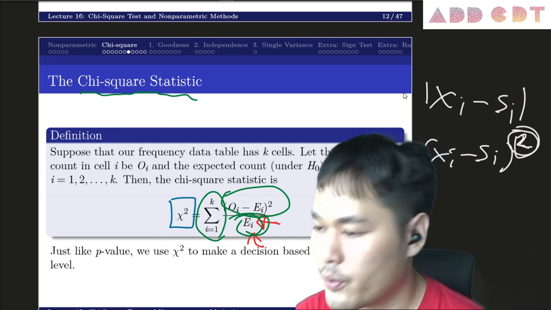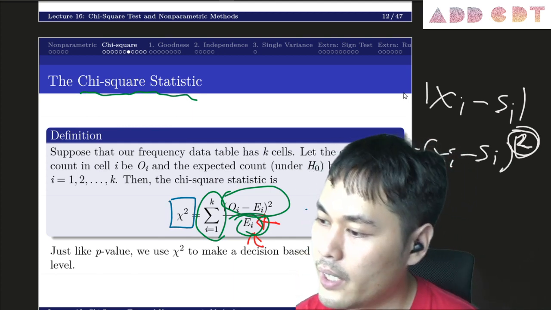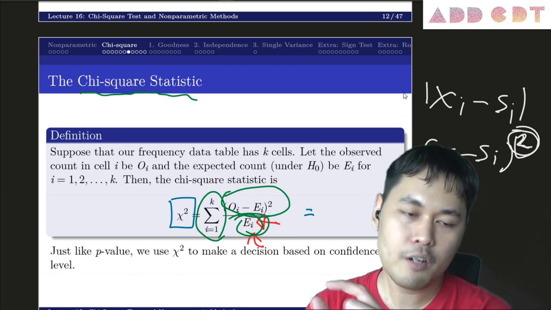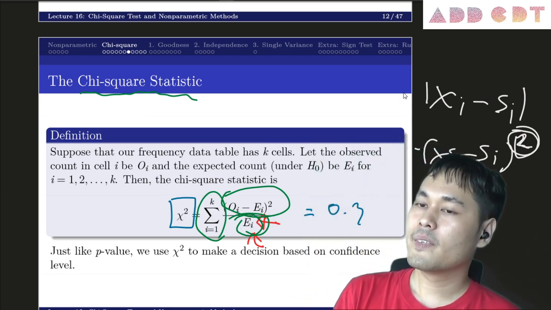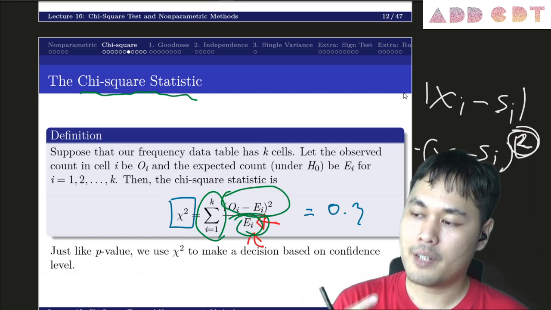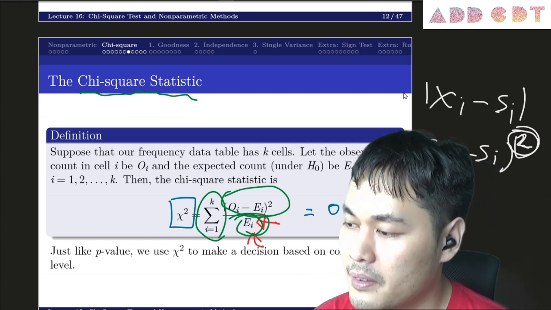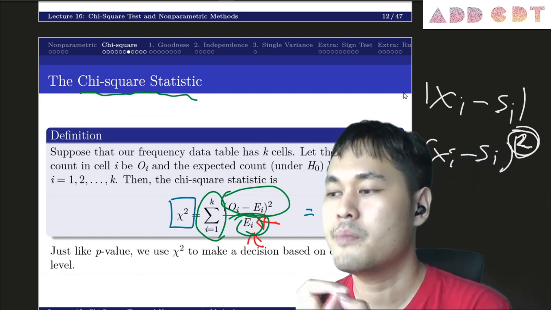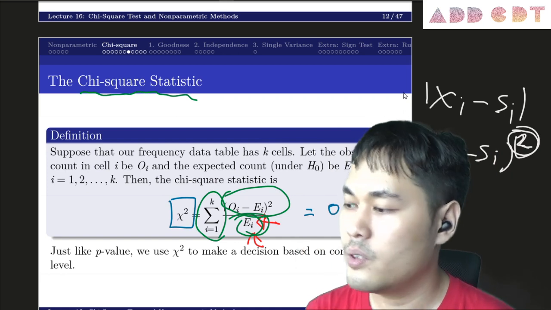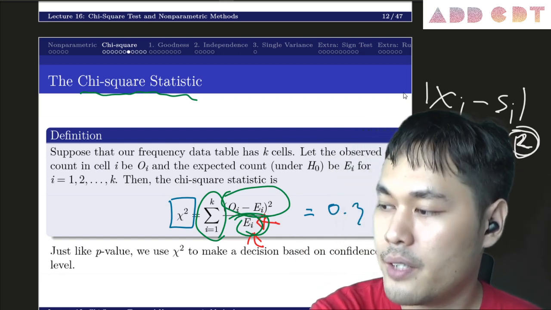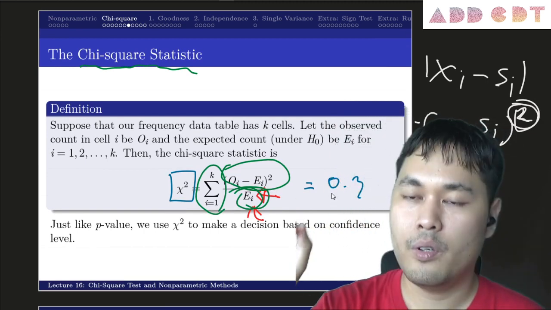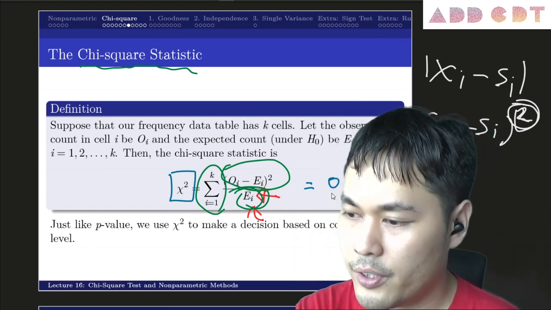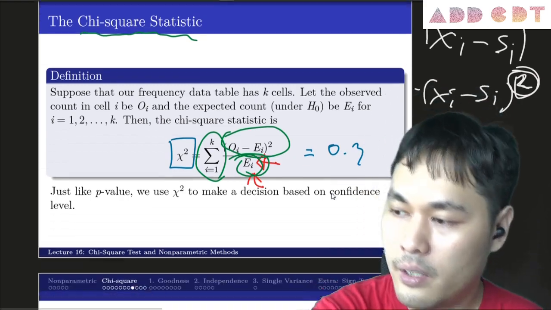So that's the chi-square, and that will give us a single value. Let's say, I don't know, 5.3. Now we have some number to work on. We can compare that, we can do various stuff with it. So we use the chi-square statistic, the result, to make a decision.